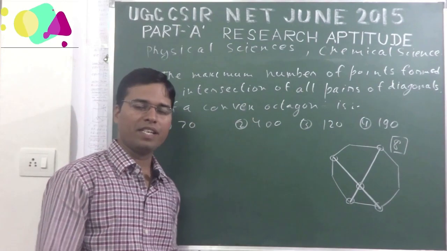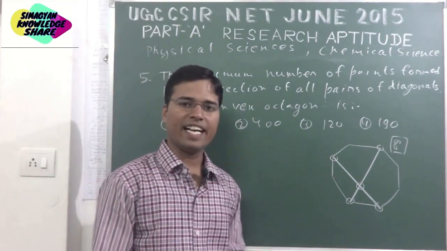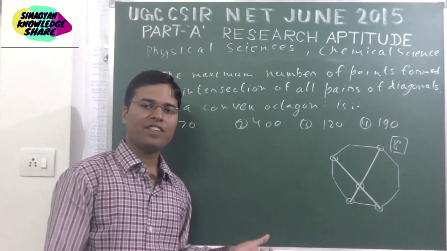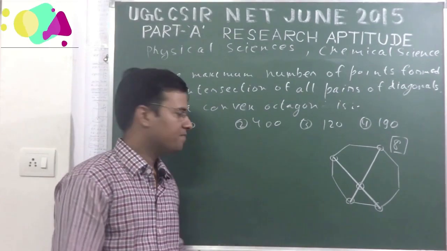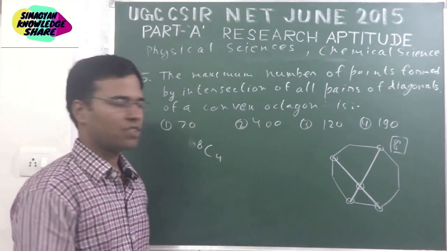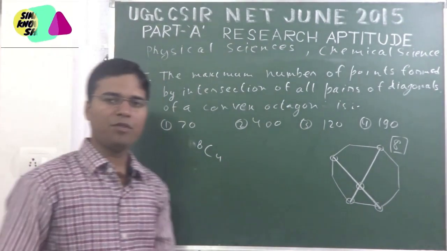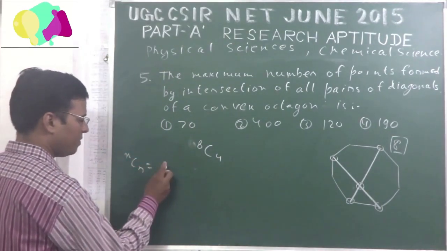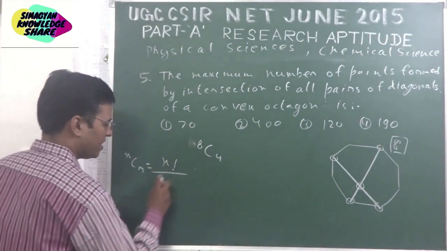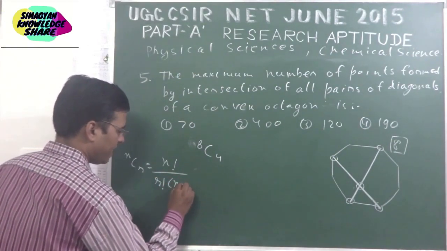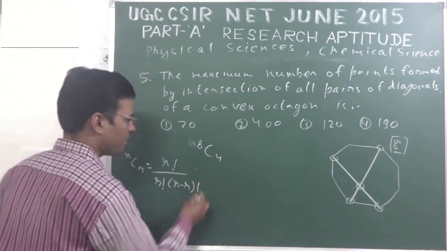So the number of ways we can select 4 points out of the given 8 vertices of the octagon is given by 8C4, which is a combination. We have the formula of combination: nCr is n factorial divided by r factorial times n minus r factorial.